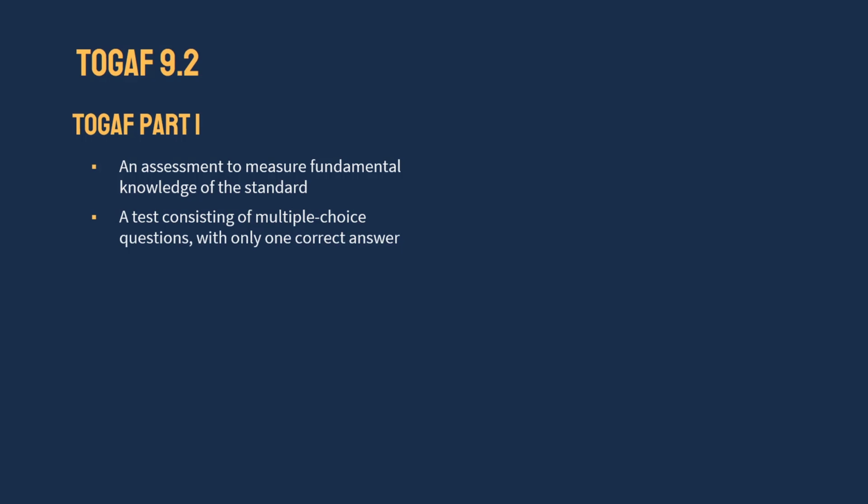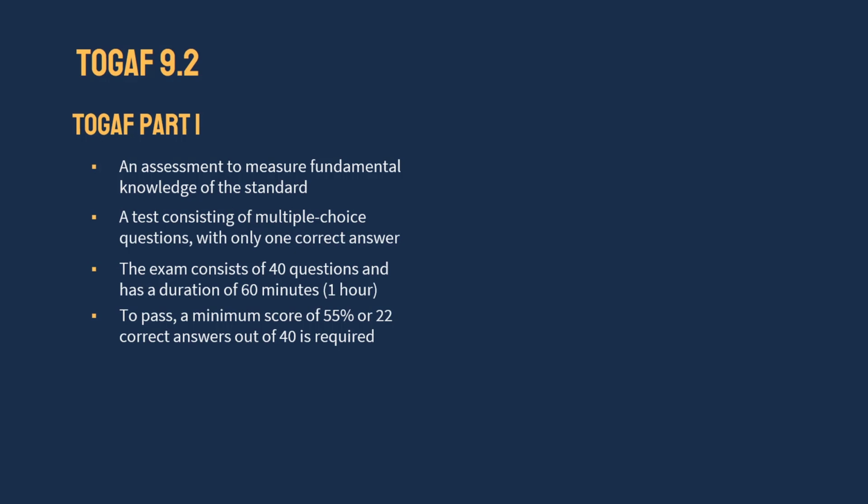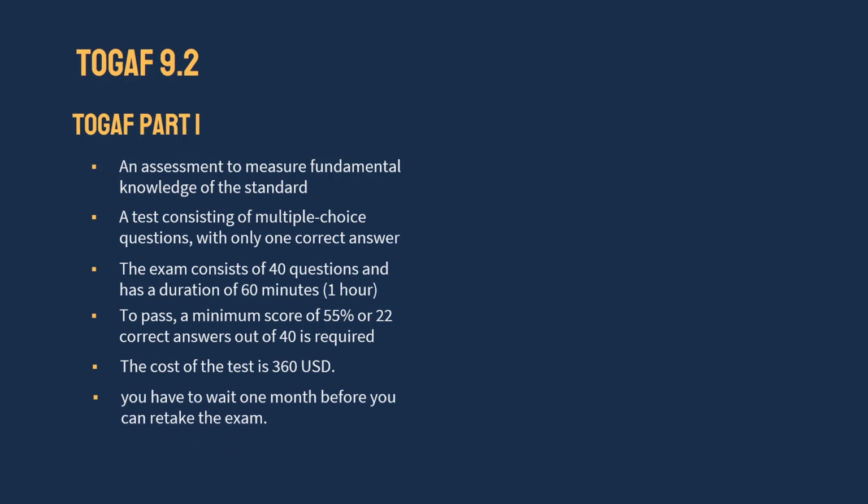The exam consists of 40 questions and has a duration of 60 minutes. 4. To pass the exam, a minimum score of 55% or 22 answers out of 40 is required. 5. The cost of the test is $360. 6. You have to wait 1 month before you can retake the exam.